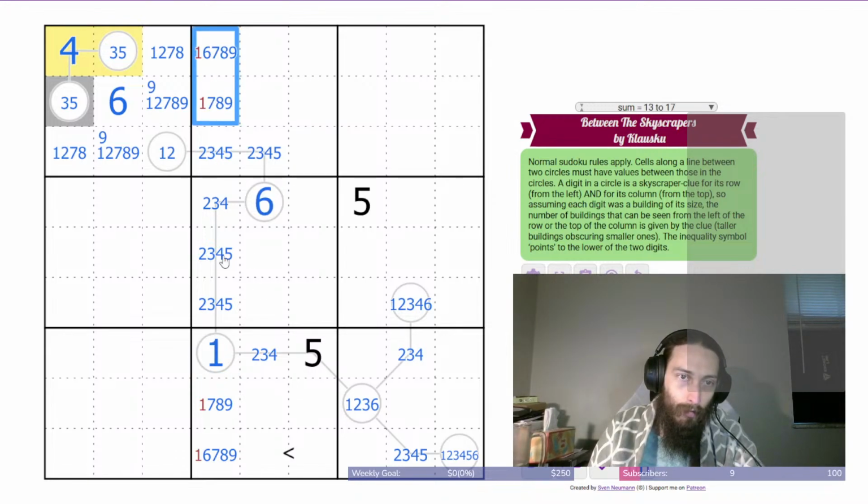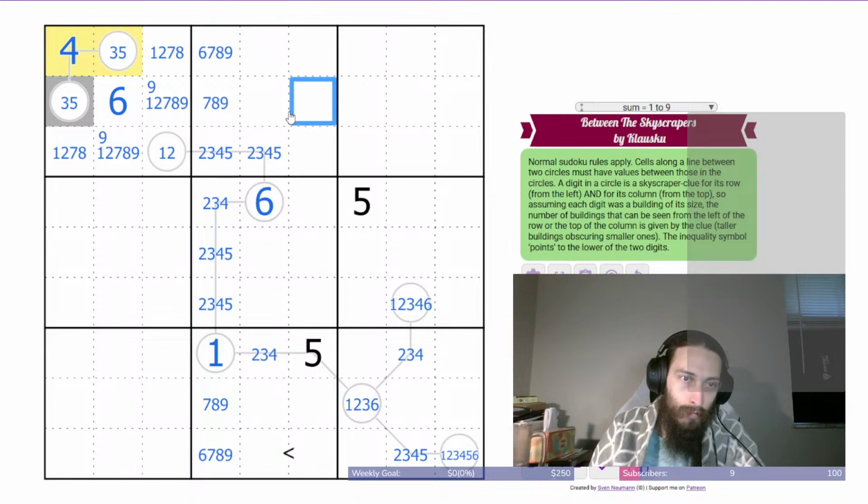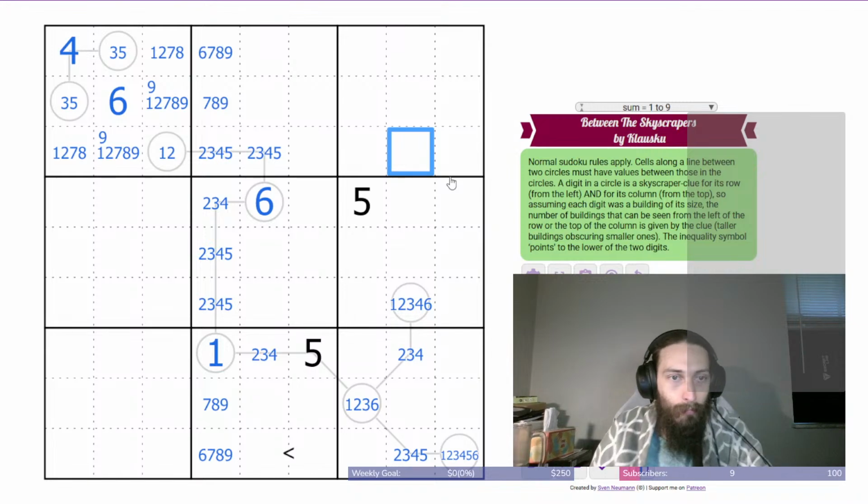This has to be 1. I'll remove the coloring for a moment. The 1, 2 in box 1 cannot be 1 because 9 cannot be the first digit.